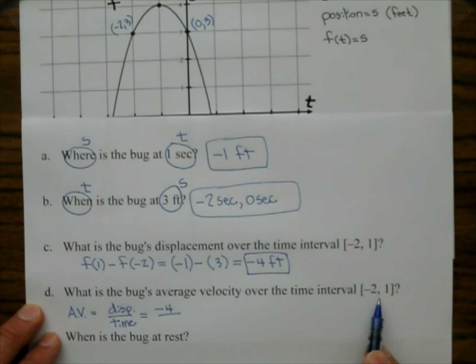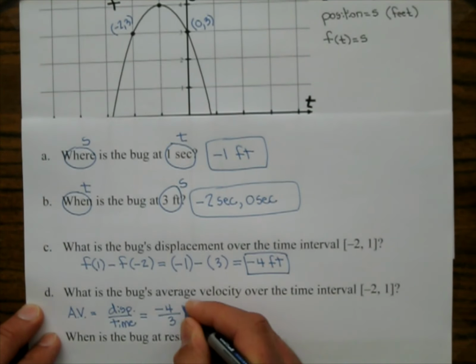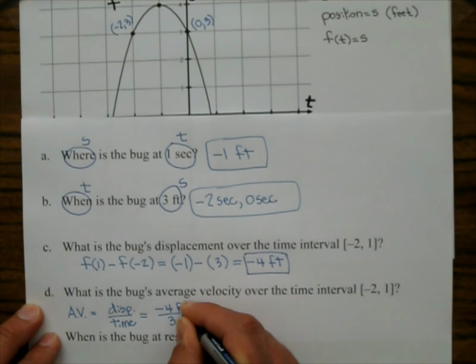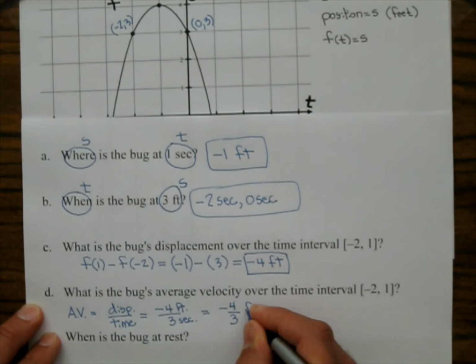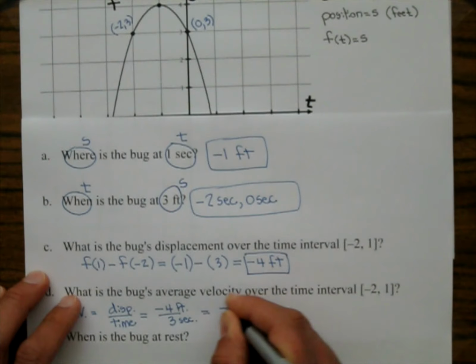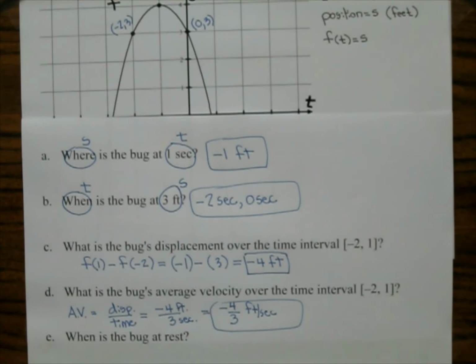It looks like 3 seconds. Now, technically, we should be saying -4 feet over 3 seconds. And so our answer is -4/3 feet per second.